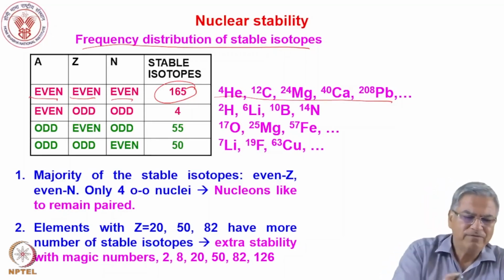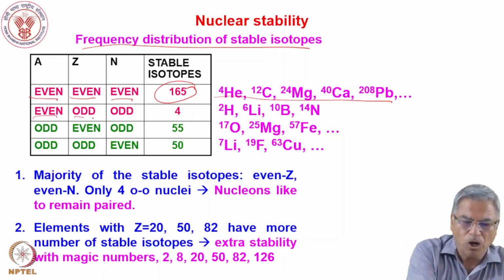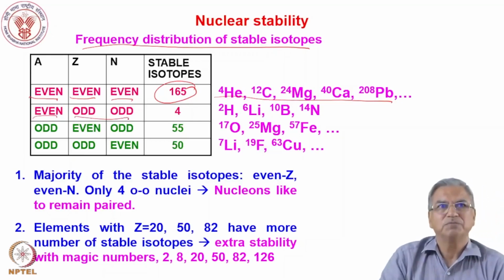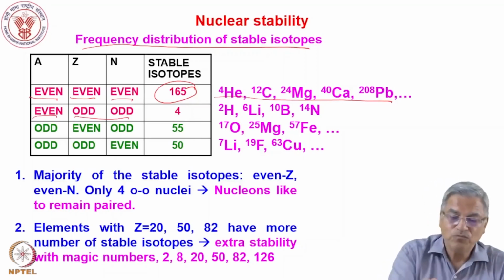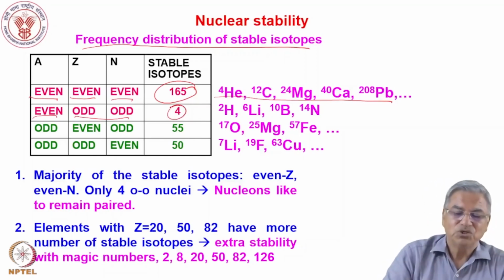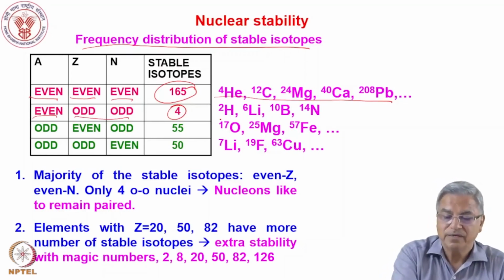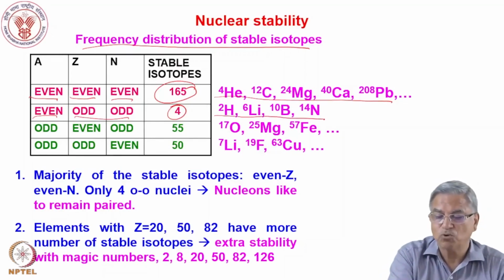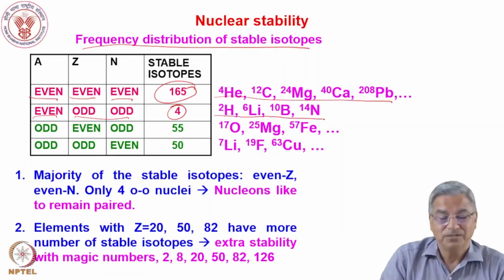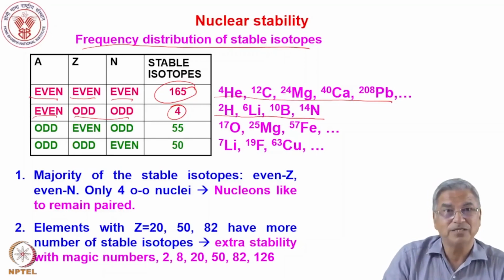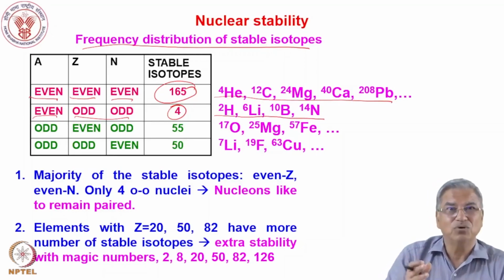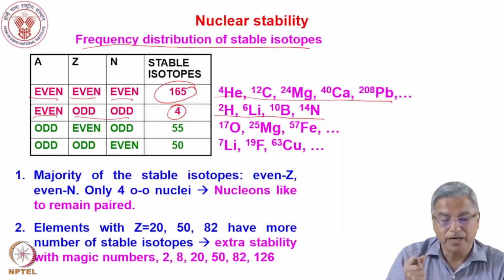We can also have an even mass number from odd configuration, that means odd proton, odd neutron. And you see there are only 4 stable nuclei having odd configuration: deuterium, lithium 6, boron 10, and nitrogen 14. This gives an idea that the nucleons tend to be paired up.